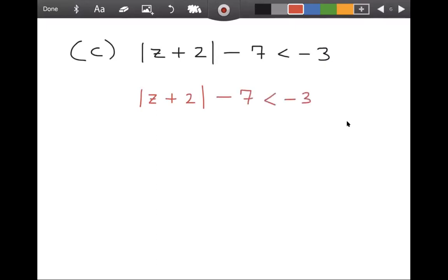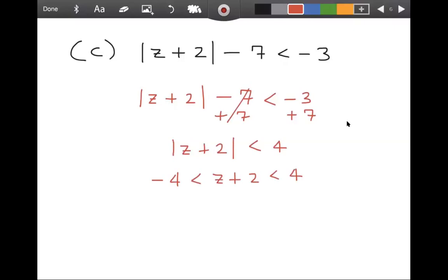So when you isolate it by adding 7 to both sides, now that number on the right-hand side is positive. That gives me absolute value of z plus 2 is less than 4, which is equivalent to -4 is less than z plus 2 is less than 4.